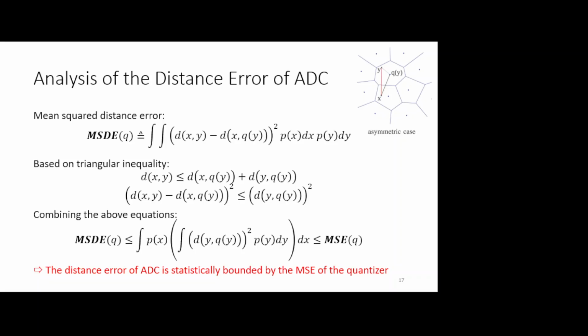The first is the real distance, and the second term is the estimated distance of ADC. Their difference is regarded as the mean square distance error. Then it's simply an integral over all the data x and all the data y.